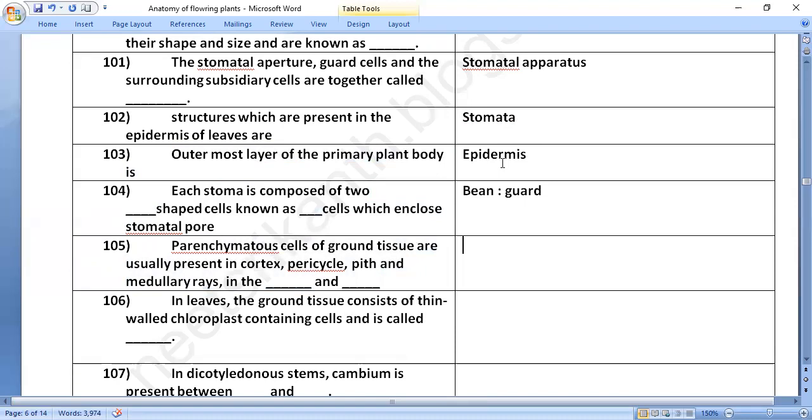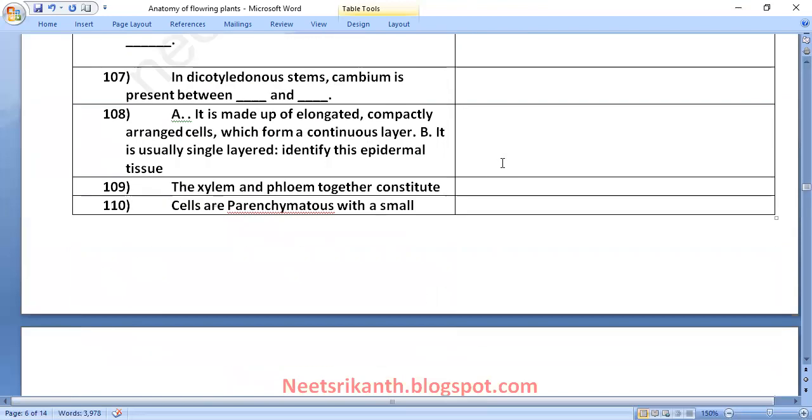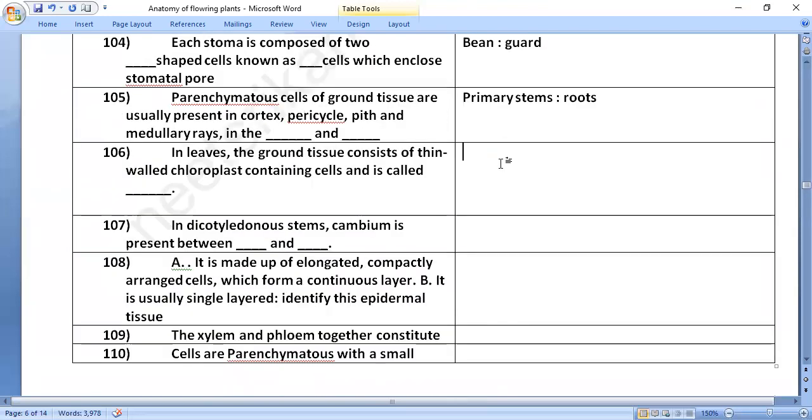Parenchymatous cells of the ground tissue are usually present in the cortex, pericycle, pith, and medullary rays in the primary stems and roots. In leaves, the ground tissue consists of thin-walled chloroplast-containing cells and is called mesophyll.